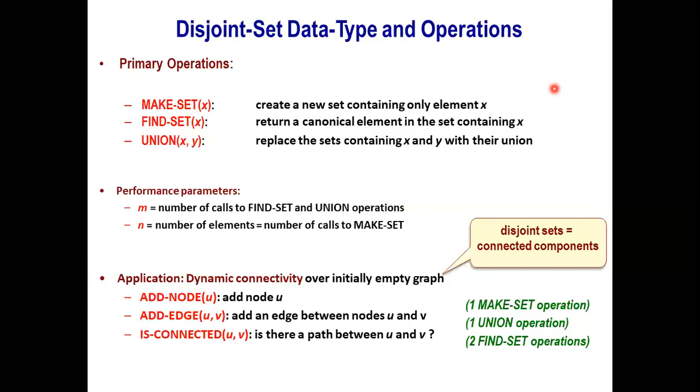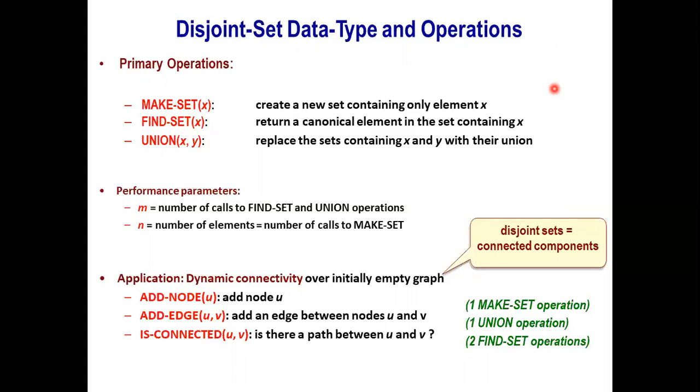Next, find set takes x as a parameter and returns the ID of the set. That means if x is an element of Si, it returns its set ID, Si. If x is an element of set Sj, it returns its ID, Sj. And the union operation is applied to merge two different sets.